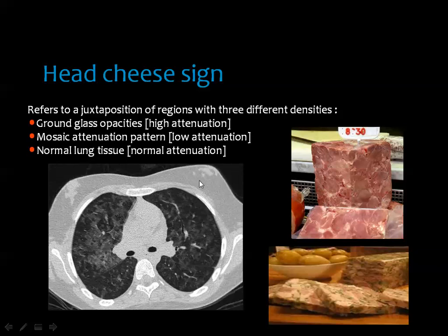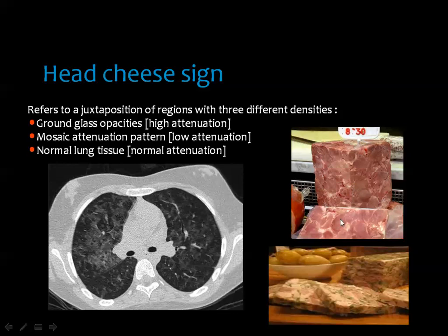These three distributions are related to what is known as the head cheese sign, and this is the meat of the head of the pig, which is smashed into cubes, as you can see here.